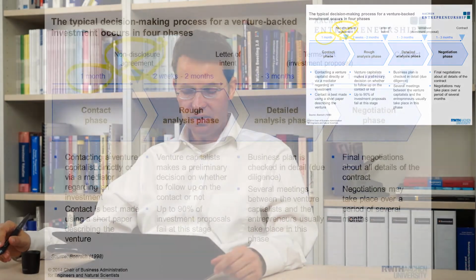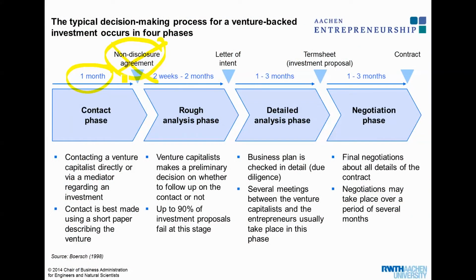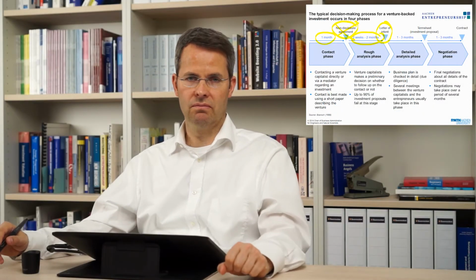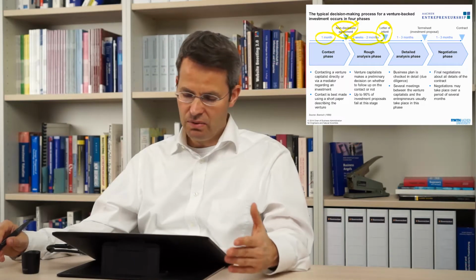The rough analysis phase can last long or not that long, 2 weeks, 2 months. Maybe this is probably good timing, good time estimation for that. And after this rough analysis, there's a so-called letter of intent. Letter of intent is a piece of paper where the venture capitalist basically tells you, I'm intending to invest into this company. This letter is really worthless.